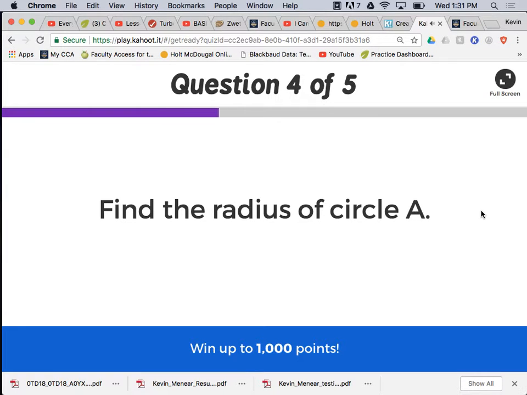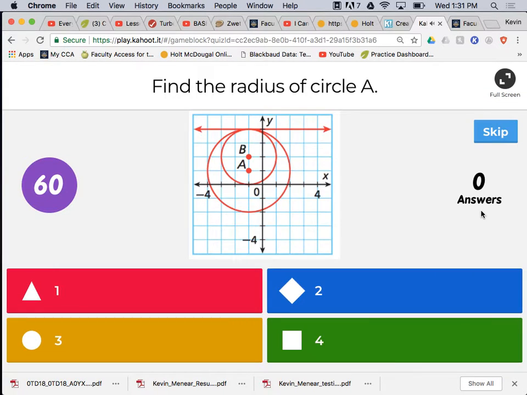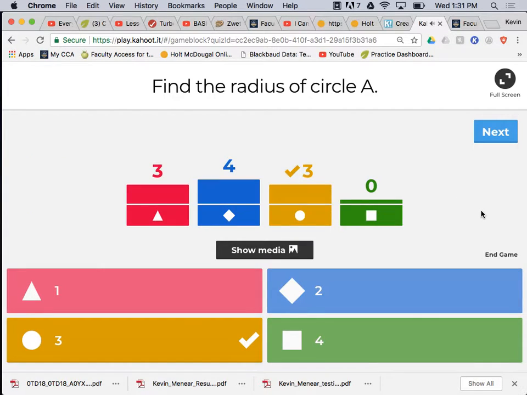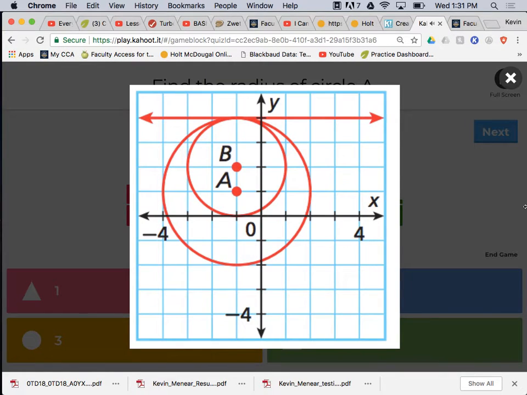Okay, find the radius of circle A. Three. Why is it 3?